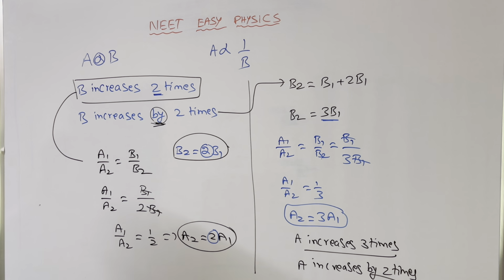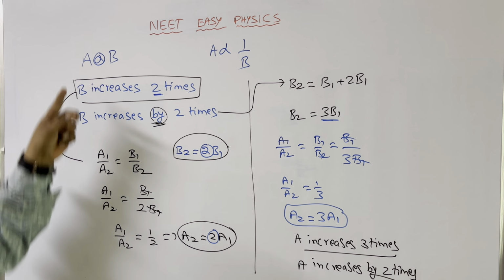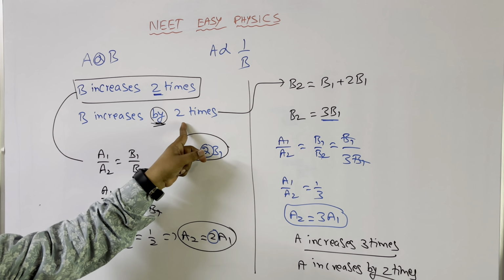Now you can do more examples like this by taking increases 2 times and increases by 2 times, and see how it changes for different numbers. Now let us assume B increases 3 times. Then A also increases 3 times. Now B increases by 3 times.